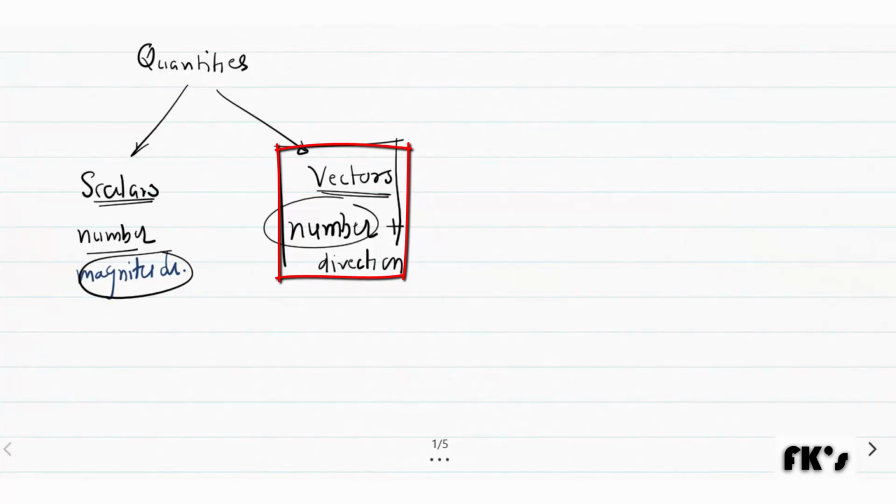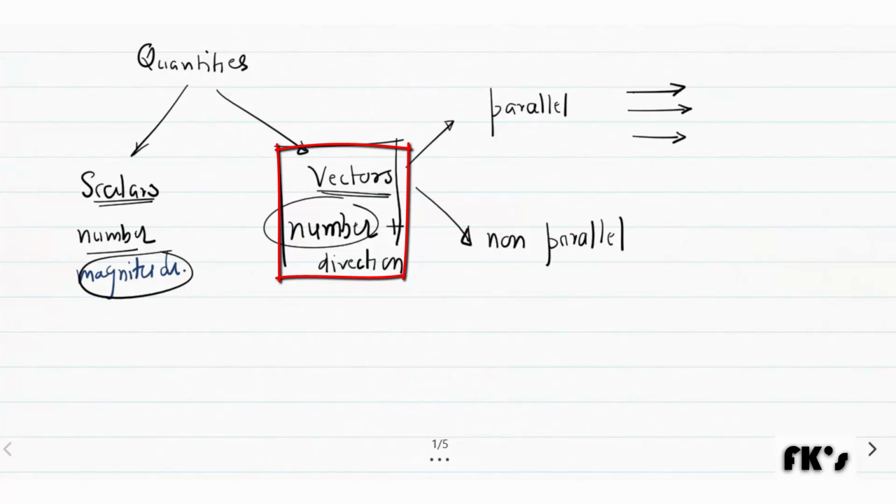For simplicity, I'm going to divide this video into two parts. In the first part I'll be talking about vectors which are parallel, and the other part of the video will be related to non-parallel vectors. When I say parallel vectors, I mean the vectors can have the same direction or the opposite direction, but they have to be parallel to each other.